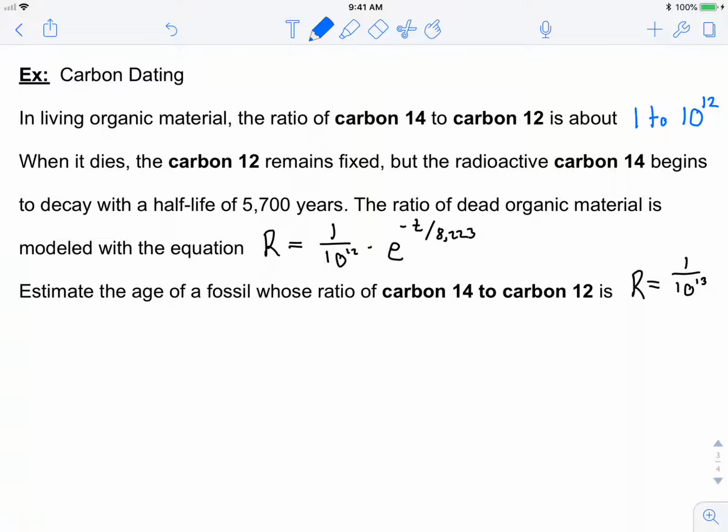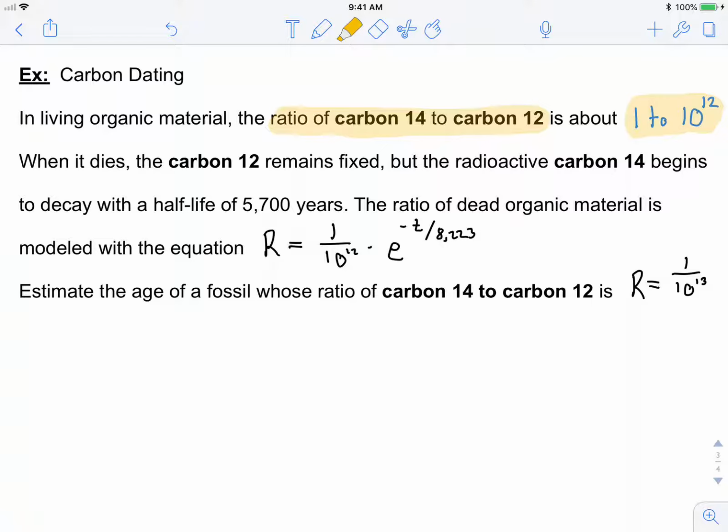So this example looks at carbon dating. We need to know a little bit about carbon dating to make this work. So in living organic material, the ratio of carbon-14 to carbon-12 is about 1 to 10 to the power 12. So for every carbon-14 we have 10 to the power 12 carbon-12.